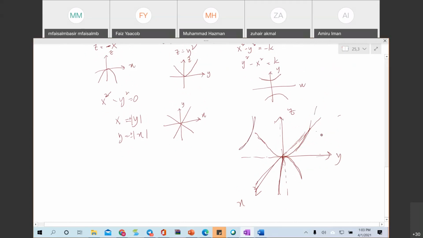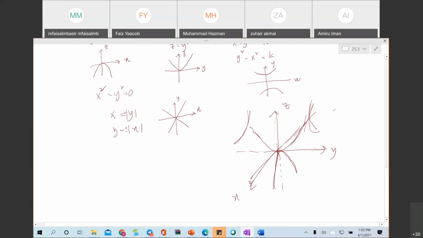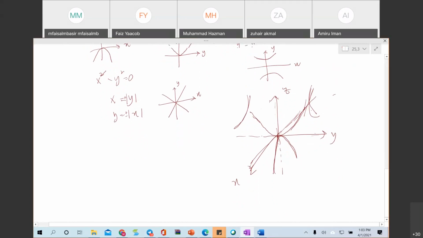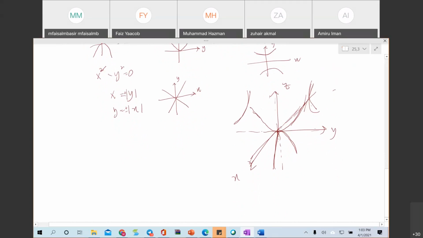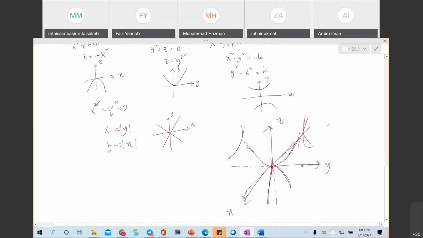So it is so far. Okay. What else do we have? YX. If I put like this, this is YZ, which is not correct. So YX should be a little bit slant.